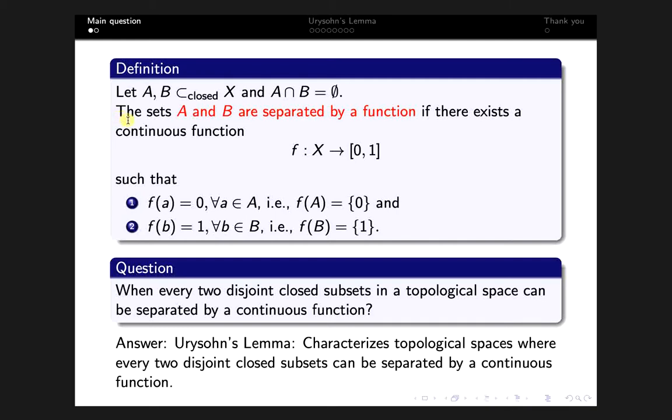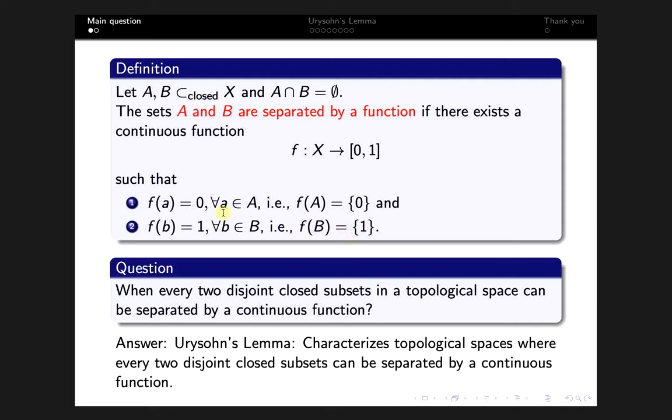The sets A and B are separated by a function if there exists a continuous function f with domain the topological space X and range the closed interval [0, 1], such that f(A) equals the singleton set {0} and f(B) equals the singleton set {1}.